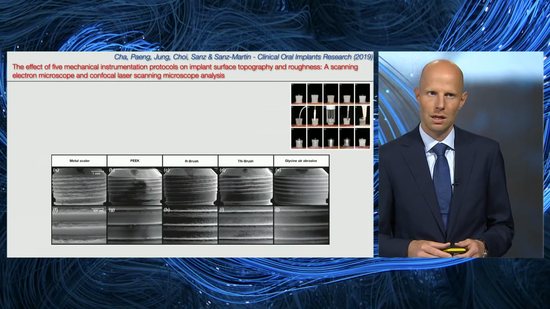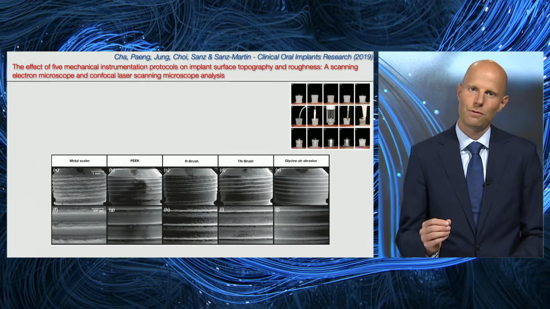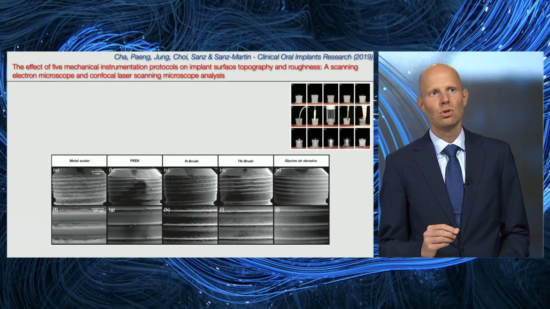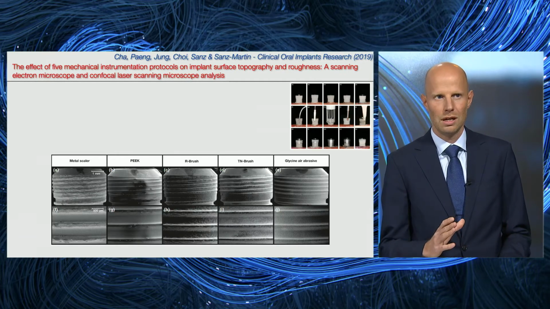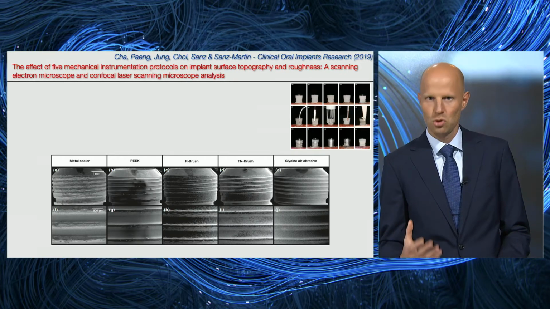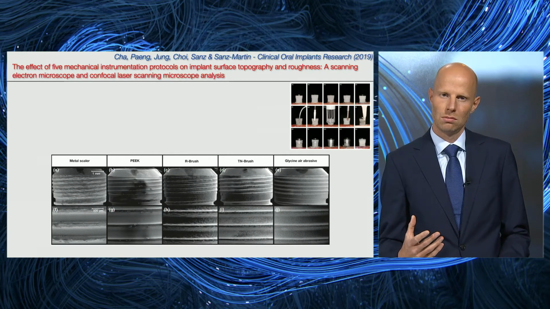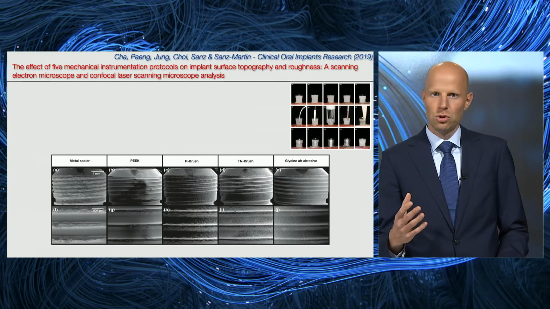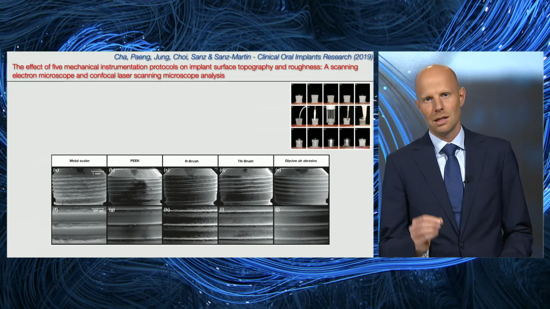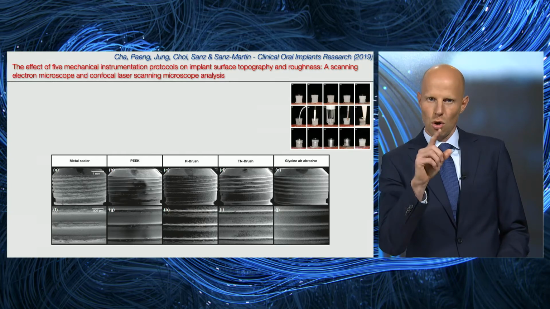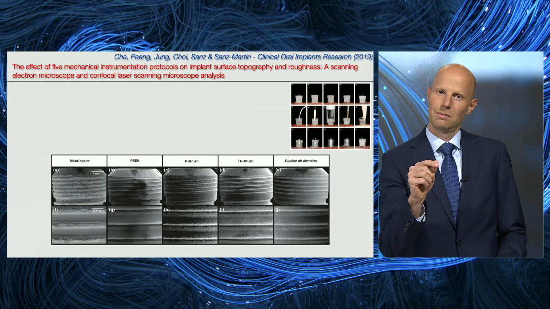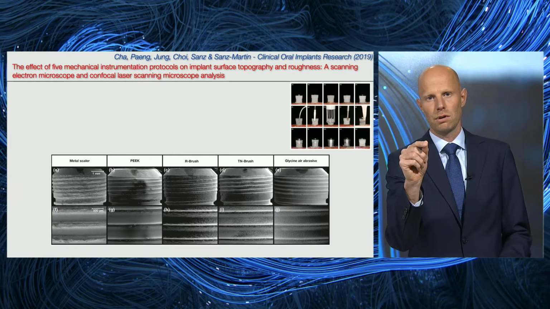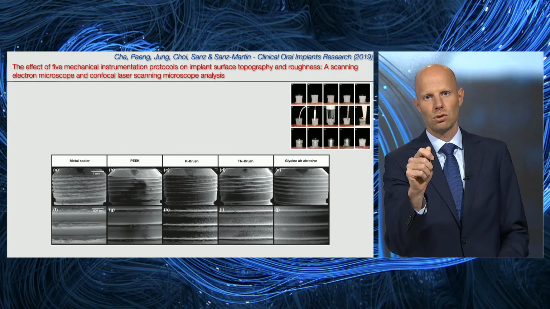If we take a look at the microscopic images after treatment, clearly we can see that the use of the ultrasonic scaler to your left leaves behind a surface that is more or less destroyed, tremendously rough. The three groups to the right indicated that the treatment reached all parts of the thread, that is, both the valleys and the tips of your implant threading, without destroying the surface.